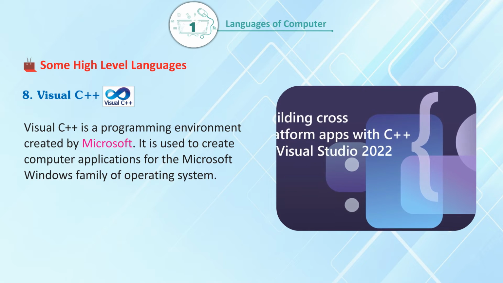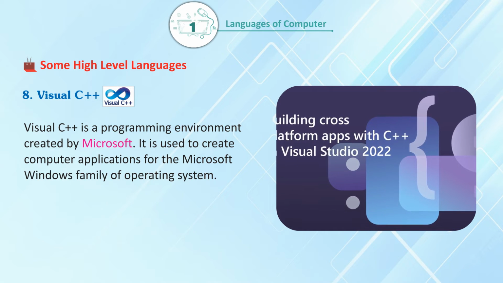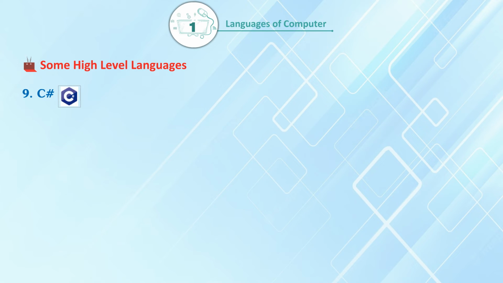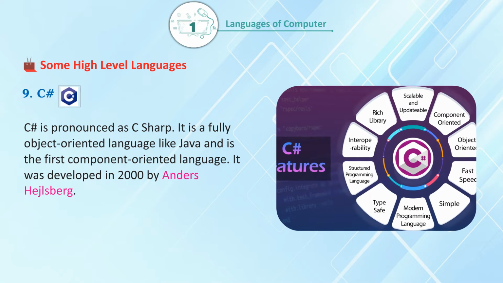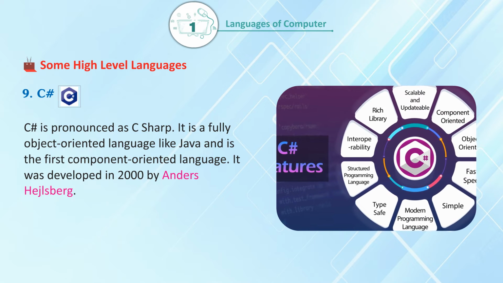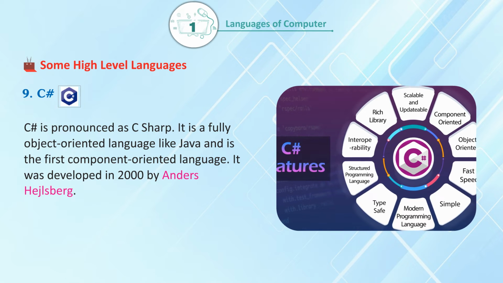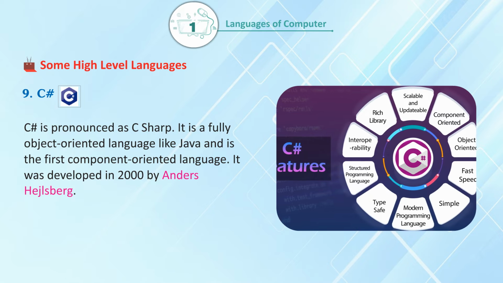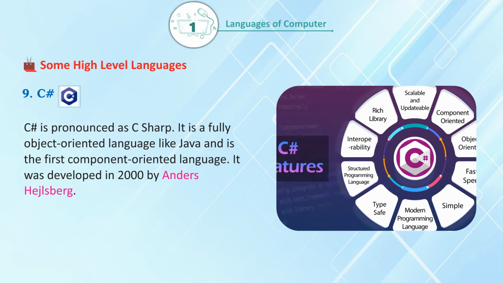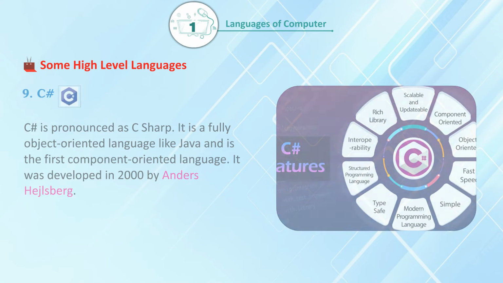It is used to create computer applications for the Microsoft Windows family of operating systems. C#. C# is pronounced C Sharp. It is a fully object-oriented language like Java and is the first component-oriented language. It was developed in 2000 by Anders Hejlsberg.